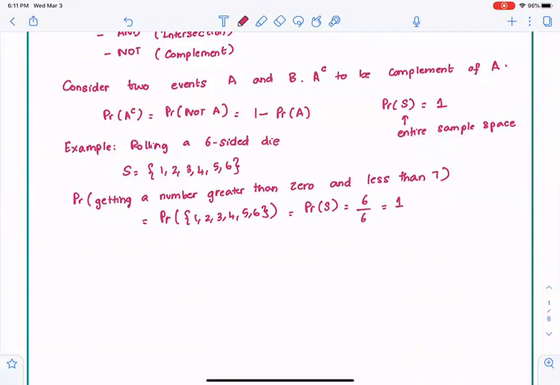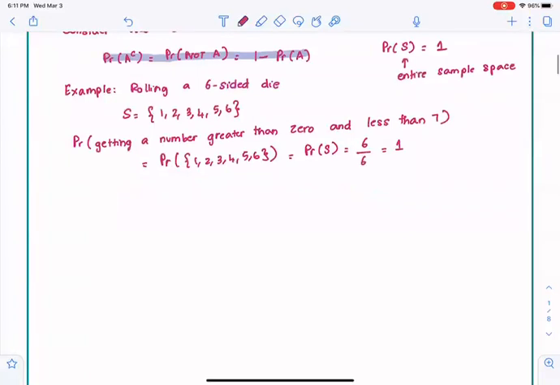So the probability of choosing the entire sample space is 1. Now I could relate it back to what we had here. If I define event A to be getting an even number, then the elements that would correspond to getting an even number would be 2, 4, and 6, because those are the even numbers in our sample space when we perform a rolling a die experiment.